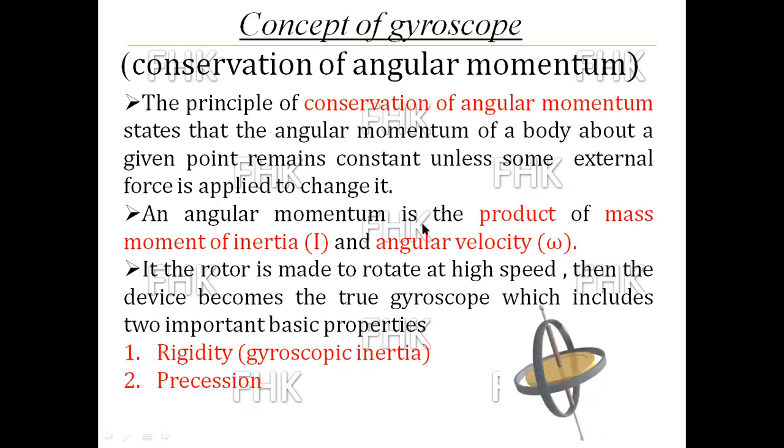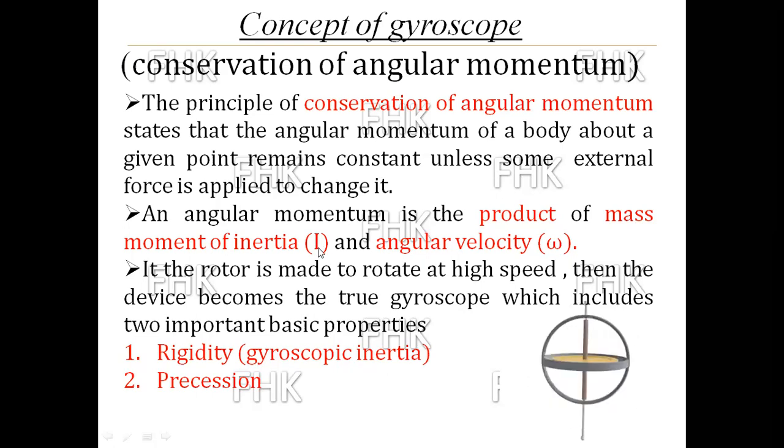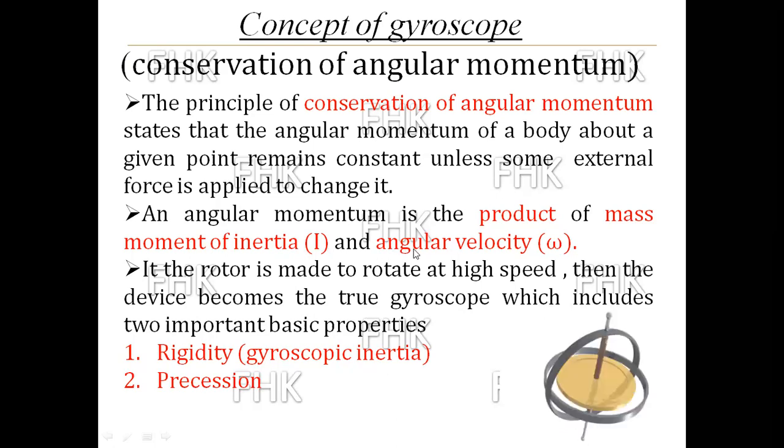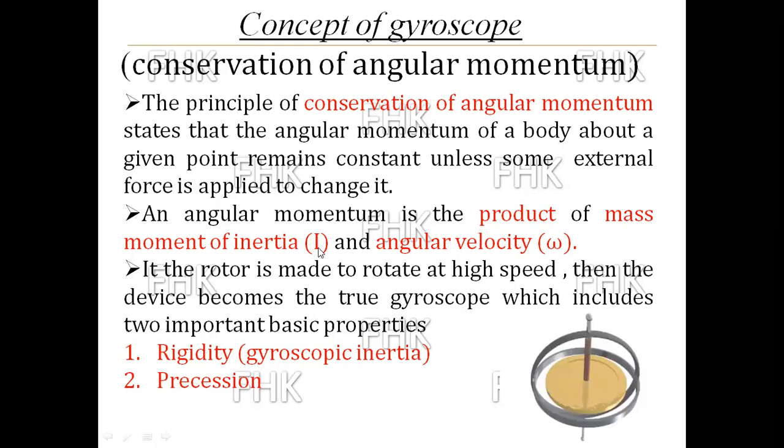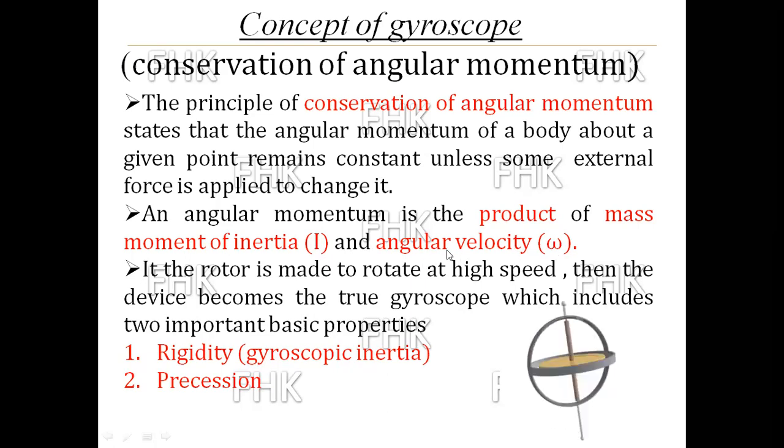And angular momentum is the product of the mass moment of inertia, denoted by I, and in general you call it the moment of inertia, and second, the angular velocity omega. So angular momentum is the product of I and omega, where I is the mass moment of inertia and omega is the angular velocity.